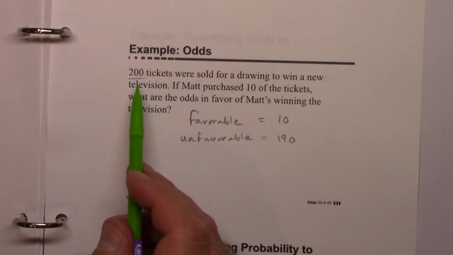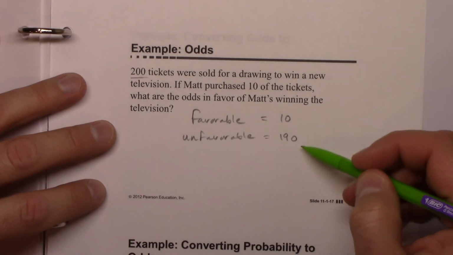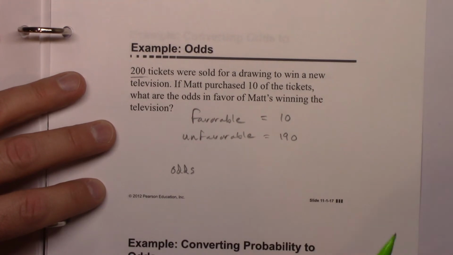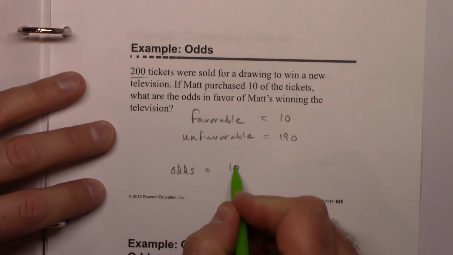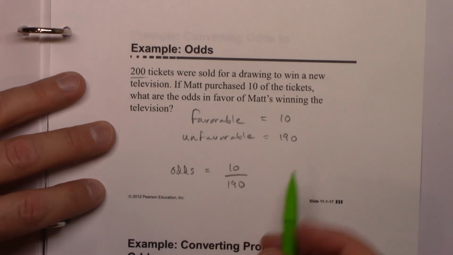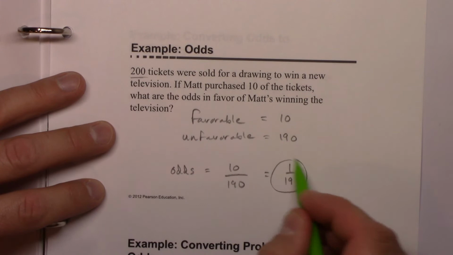This is the same concept we had in counting and set theory, known as the complement. These will always add up to the total. So the odds in favor are going to equal 10 out of 190. Of course, we can reduce that and say that's 1 to 19 odds.